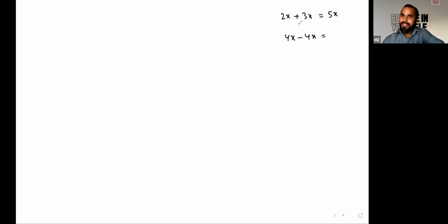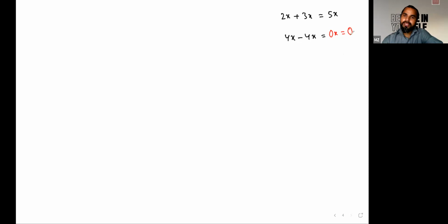Let's see, while adding, the variable of the expression remains the same. Only the coefficient gets added or subtracted on the basis of the binary operation. So we can write 4x minus 4x as 0 times x, and 0 multiplied with any term would give you 0.